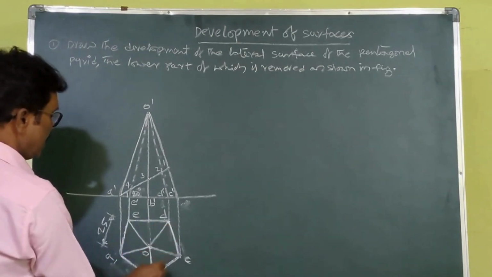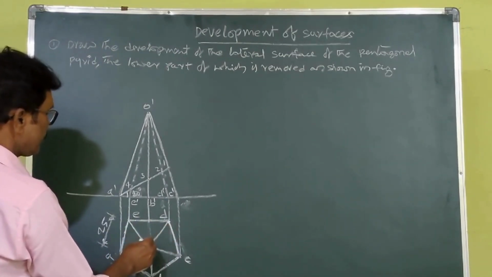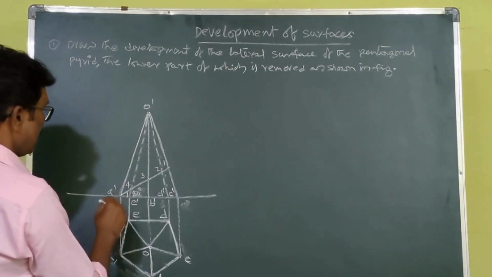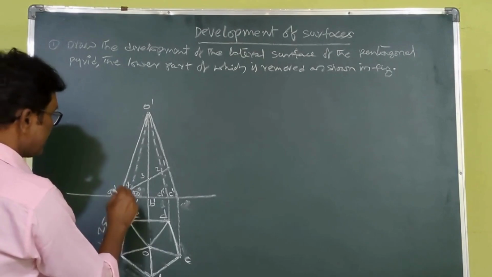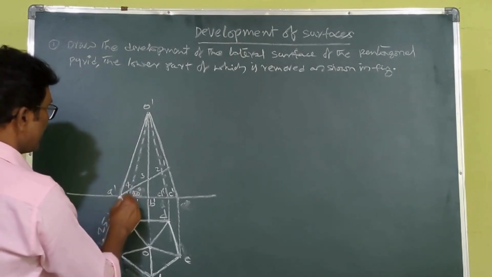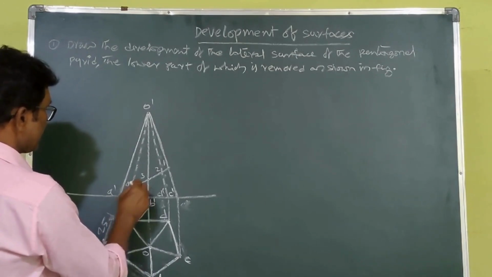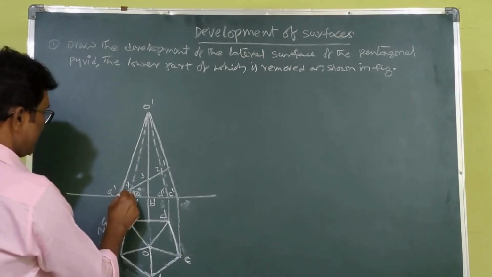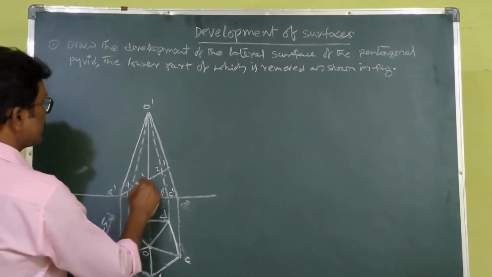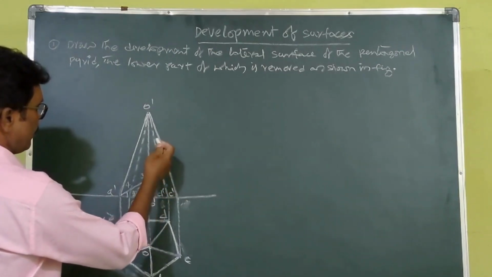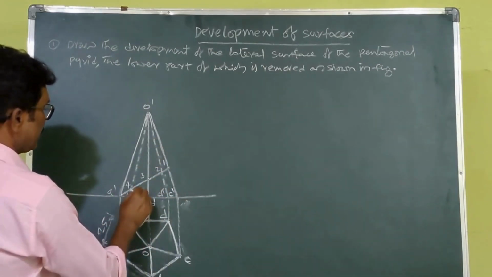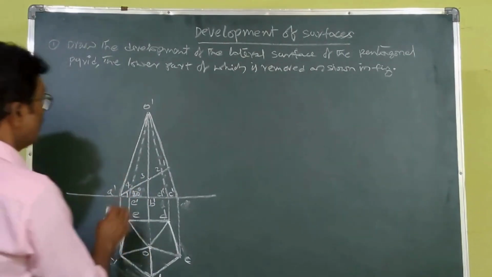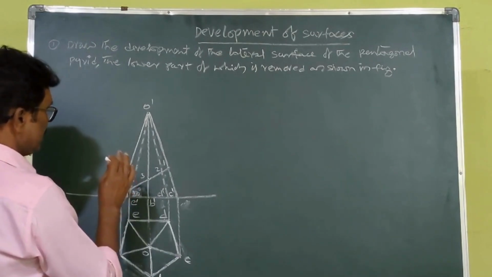In this position, with the edge parallel to VP, the cutting plane cuts at 30 degrees from A dash, within the base at this point. The cutting plane cuts this pyramid at 30 degrees to HP. So this is the problem. We have to develop the surface.